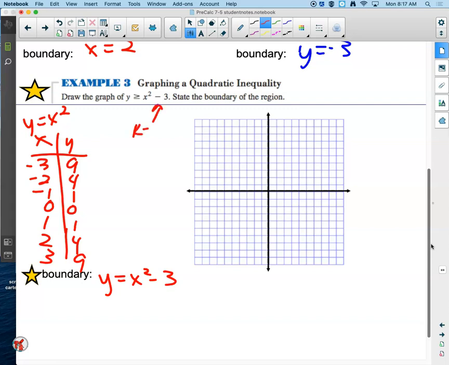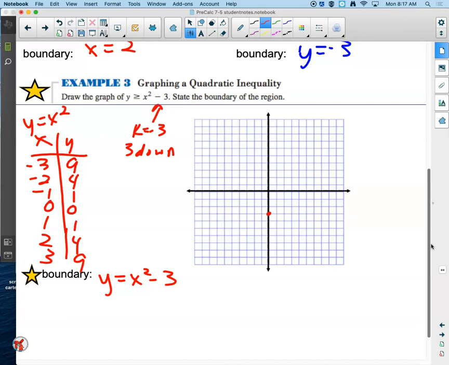That's its k value. So that we don't have our parent function graphed and y equals x squared minus 3 graphed at the same time, because we already have a lot going on with these graphs, what you want to do is think, my 0, 0 is now going to be down here. So treat that like your origin.